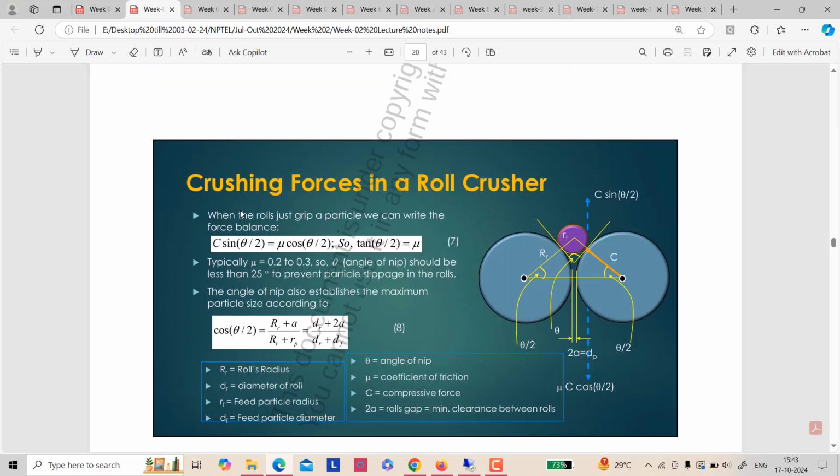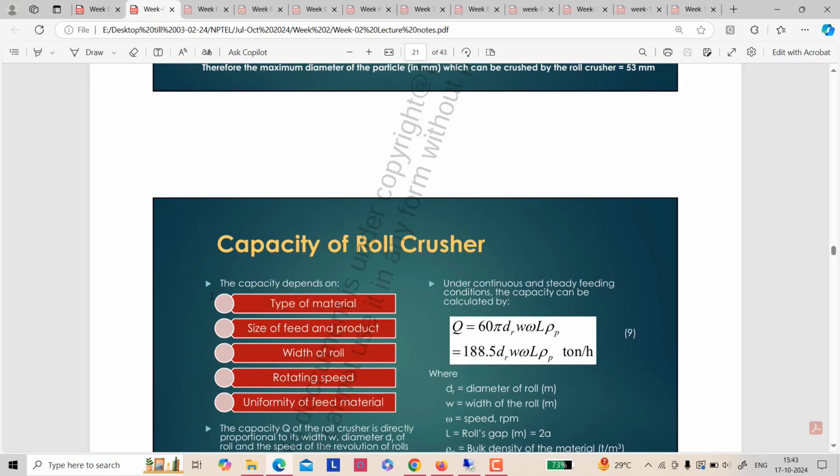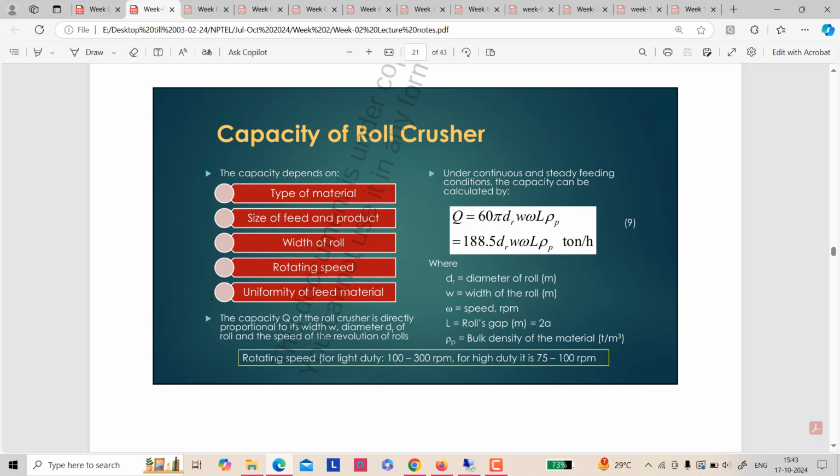So this is the derivation we did in the class, of how the force and the angle at which the particle will get crushed is calculated. This is the capacity of a roll crusher.